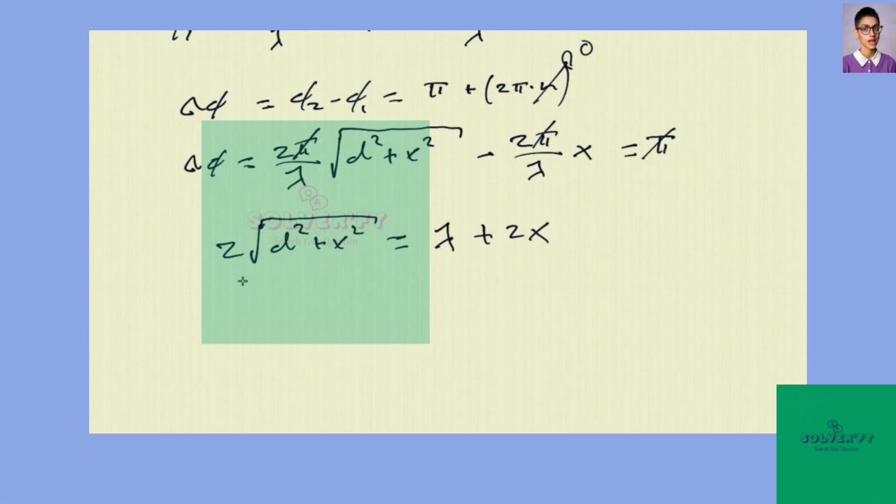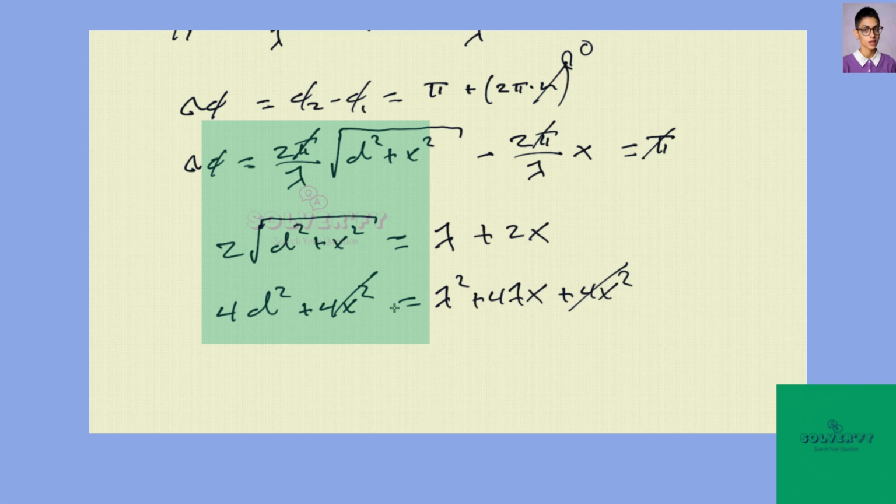Now I can square both sides. 4 d squared plus 4x squared equals lambda squared plus 4 lambda x plus 4x squared. The 4x squareds cancel. The only term with an x here, which is what I'm solving for, is right here, so I'll write that first.